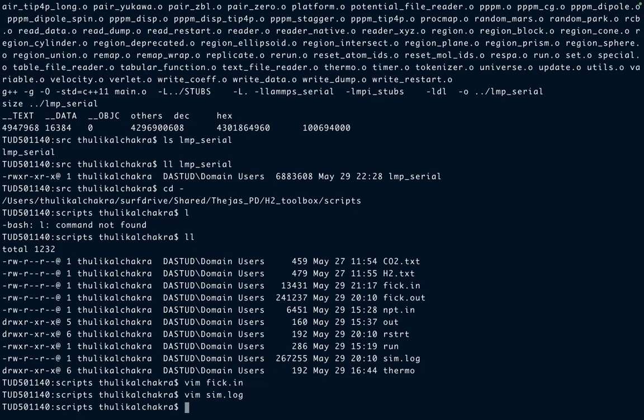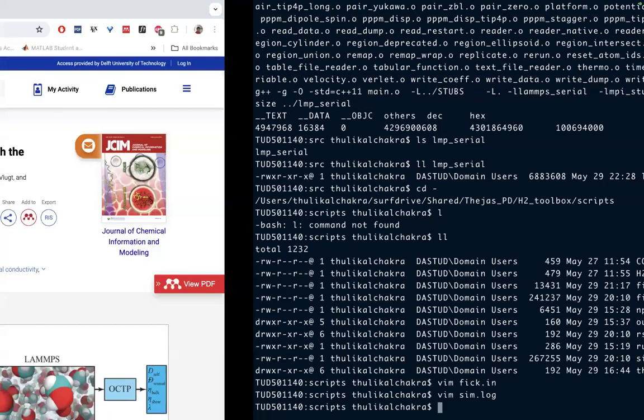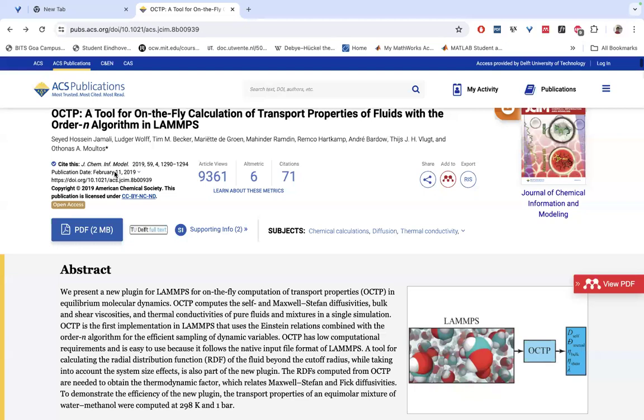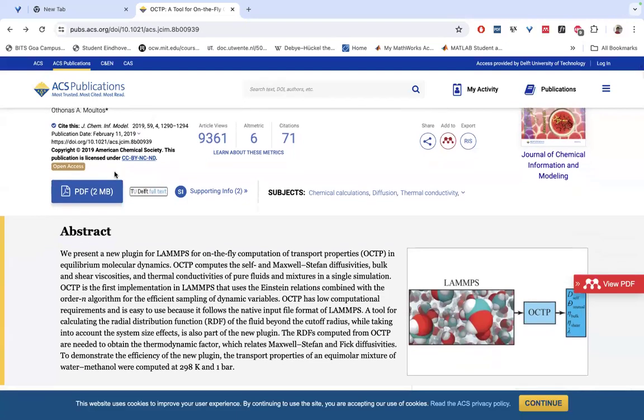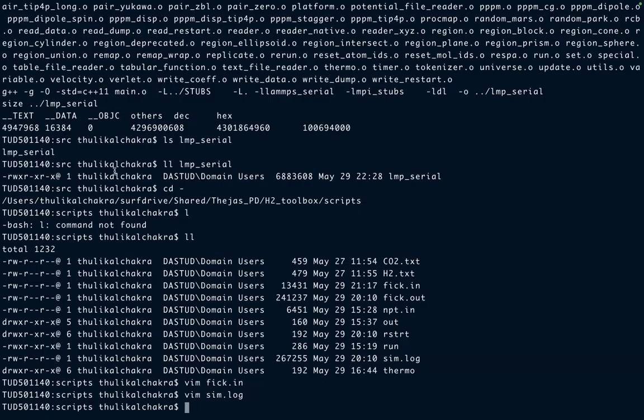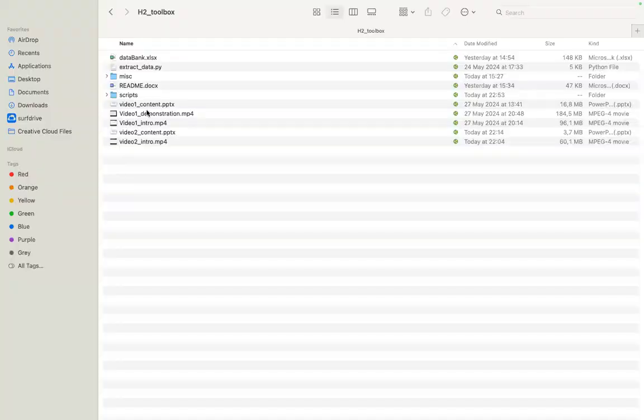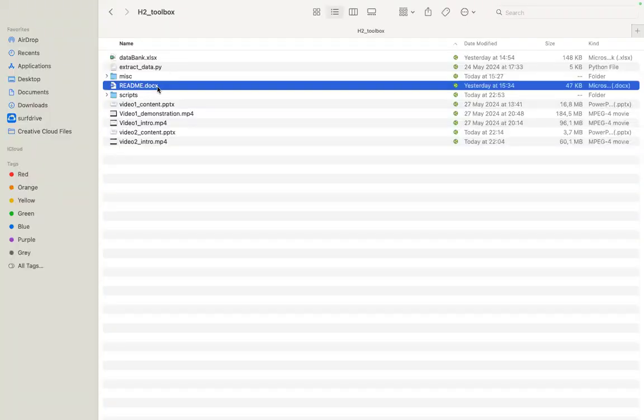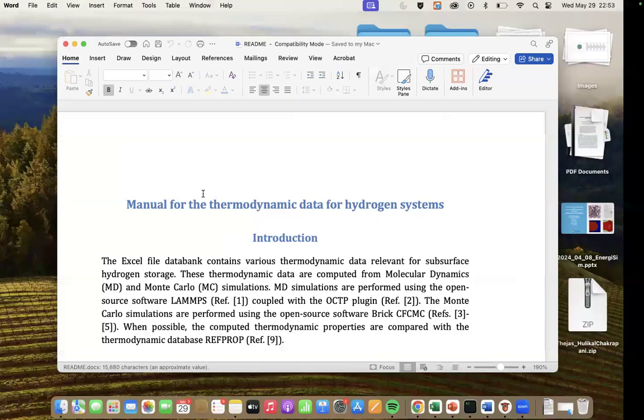Now, to extract the Fick diffusion coefficients and also the Maxwell-Stefan diffusion coefficients, I urge you to read the manuscript that was shown here, and also several other manuscripts that are mentioned in the readme.docx manual shown here.